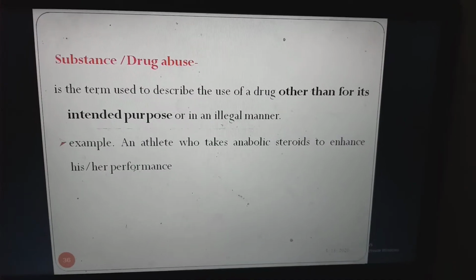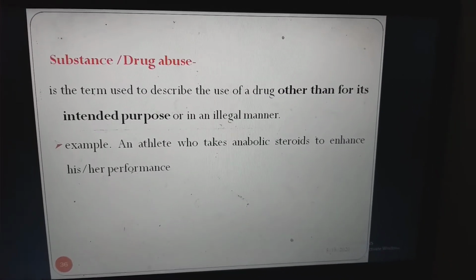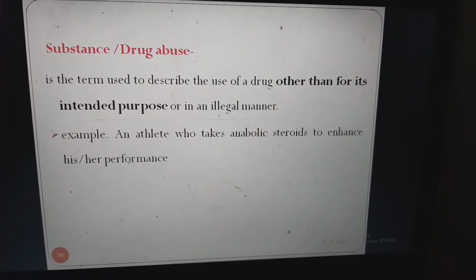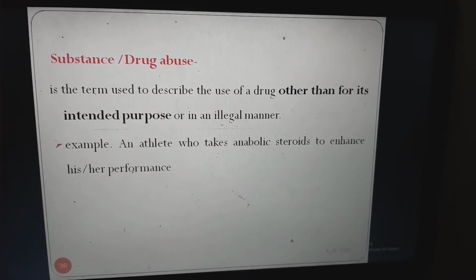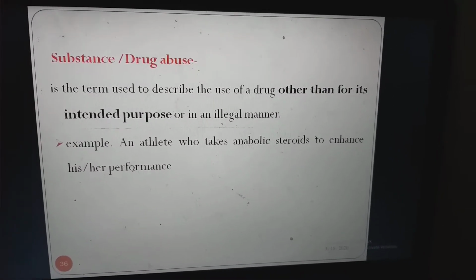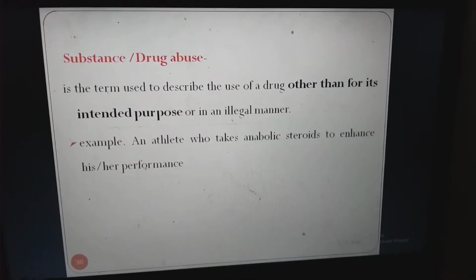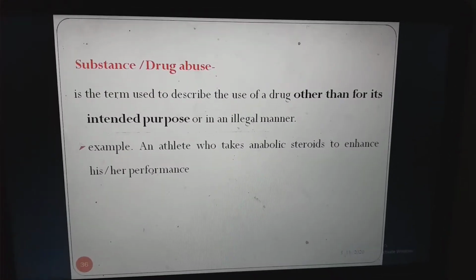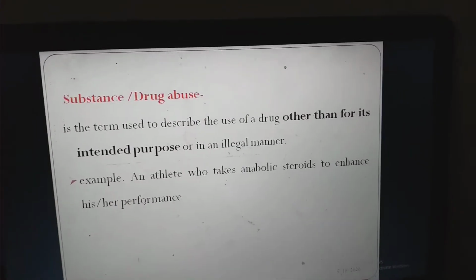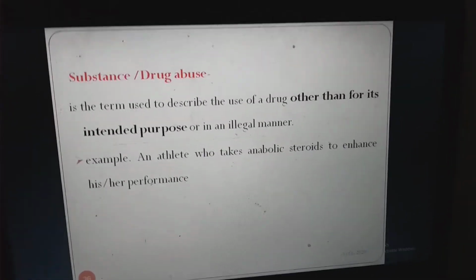Substance or drug abuse is a term used to describe the use of a drug other than for its intended purpose or in an illegal manner. For example, an athlete who took anabolic steroids to enhance his or her performance.